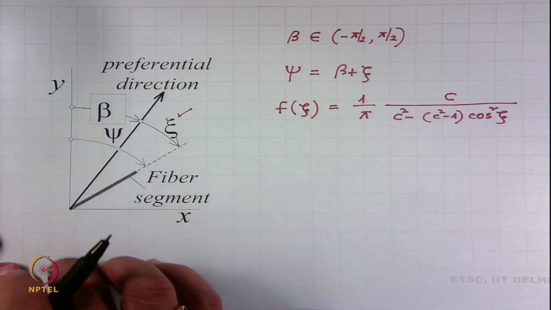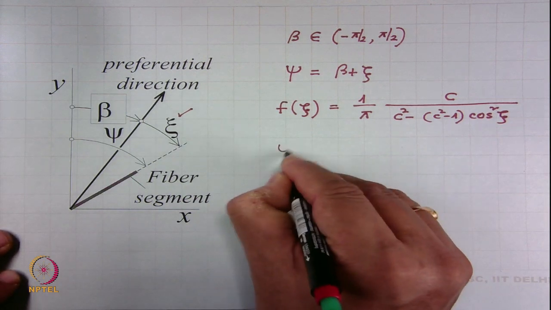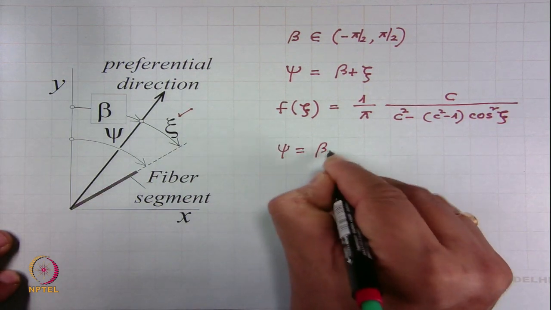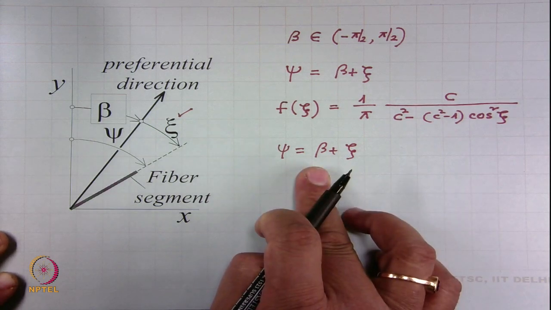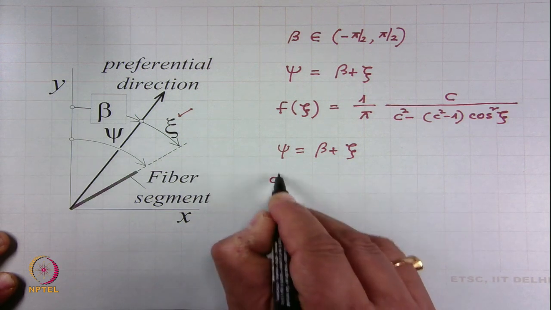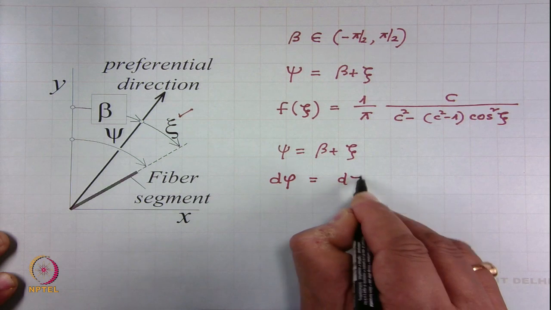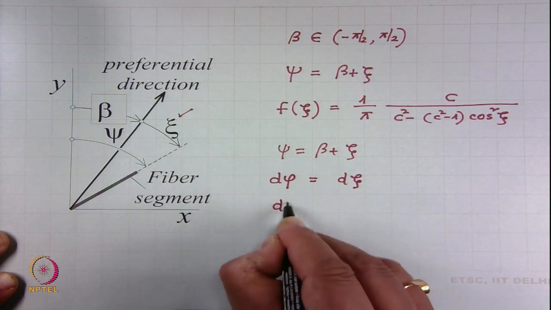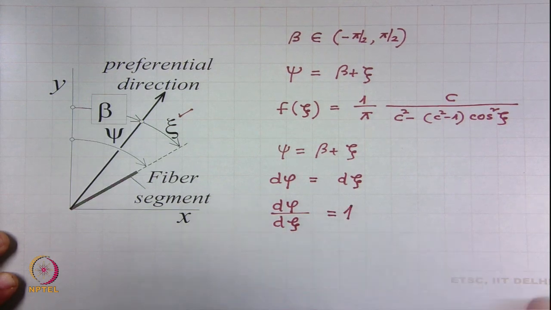So, what we see is that in a more general case this becomes psi minus beta, plus this. Beta is constant, right, because it is the preferential directional angle. So, if we make the differentiation, this becomes 0 and this becomes 1.